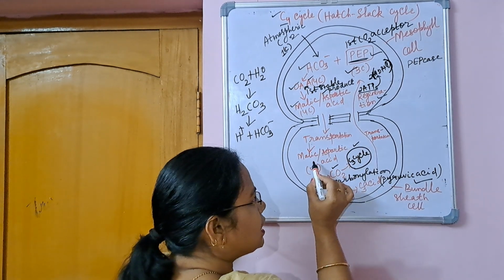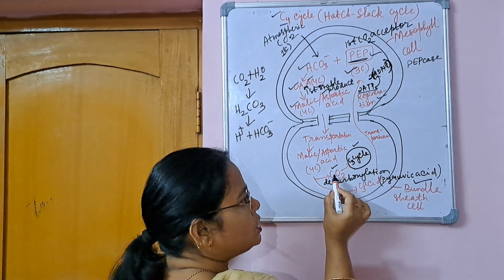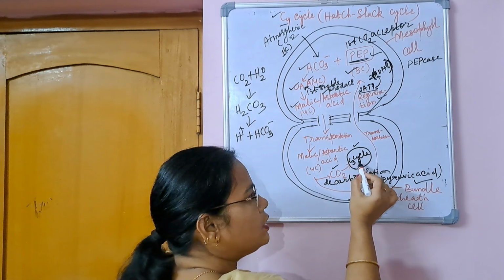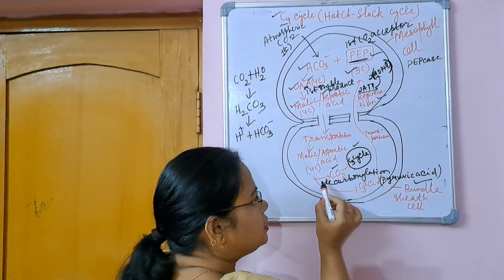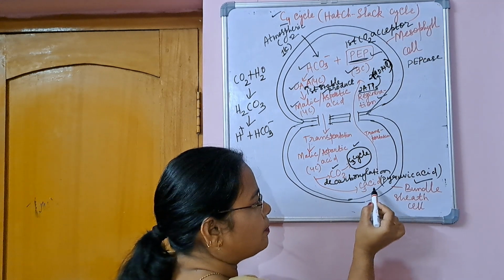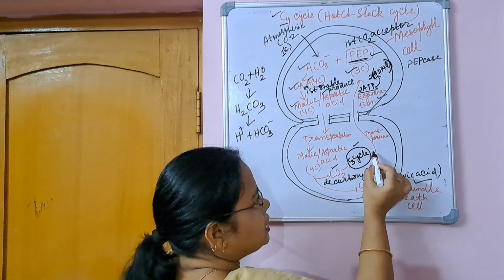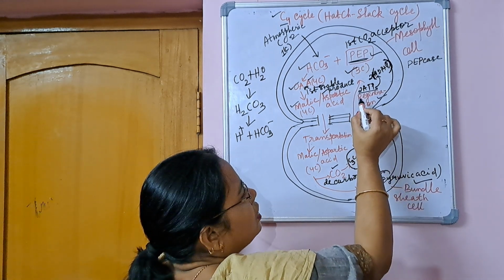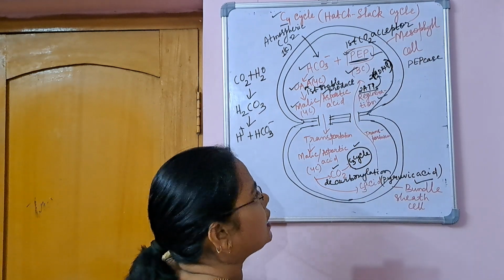In the bundle sheath cell this malic or aspartic acid undergoes decarboxylation, and the CO2 which is released continues the C3 cycle in the bundle sheath cell, and after decarboxylation there is formation of pyruvic acid, which is a C3 acid, and this C3 acid gets transported and undergoes regeneration to form PEP again to continue the cycle.